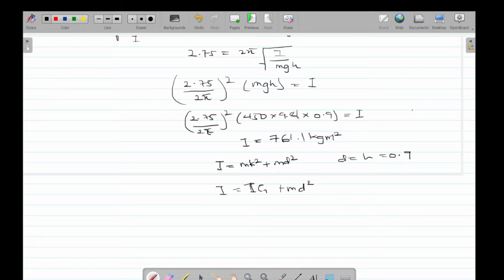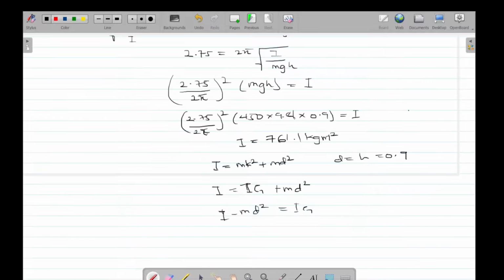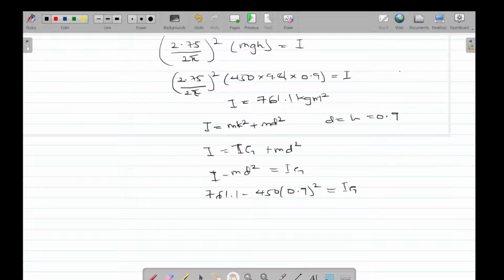So you can just find that straight. So I minus m d squared will be equal to Ig. We have the I, so 761.1 minus 450 times 0.9 squared should be equal to Ig. 761.1 minus 364.5 gives 396.6 equals Ig.